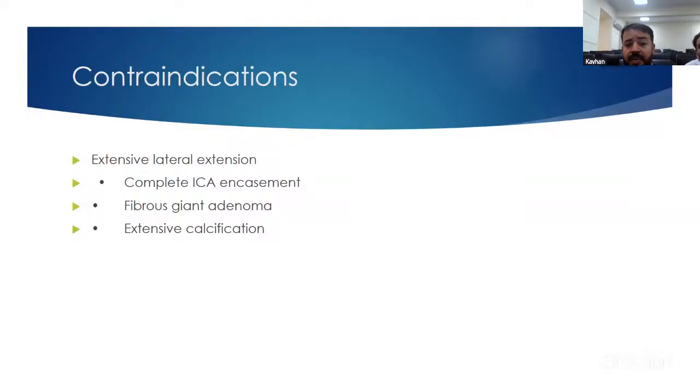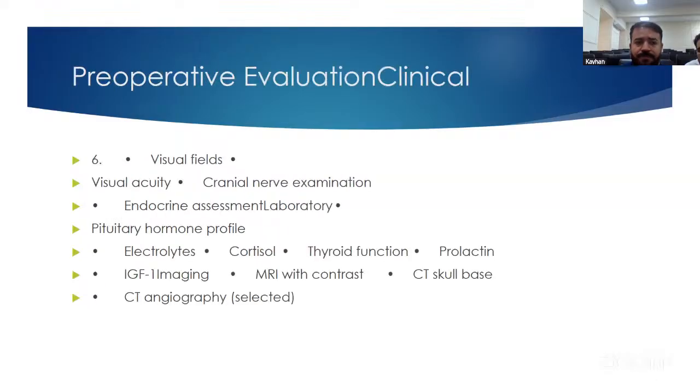If there's a fibrous giant adenoma, or a cauliflower adenoma, or a tridimensional tumor of the pituitary gland, you can go endoscopic endonasal only when we have very good experience. And there is extensive calcification, and basically some meningiomas where you cannot stop the bleeding. These are the contraindications for the endoscopic endonasal approach.